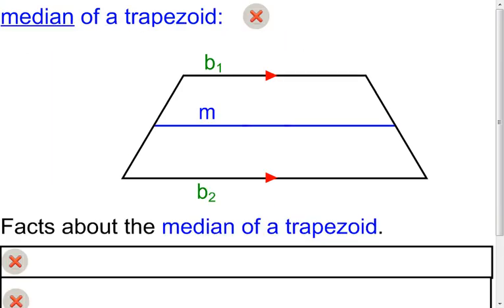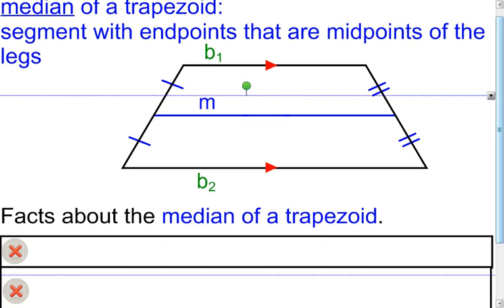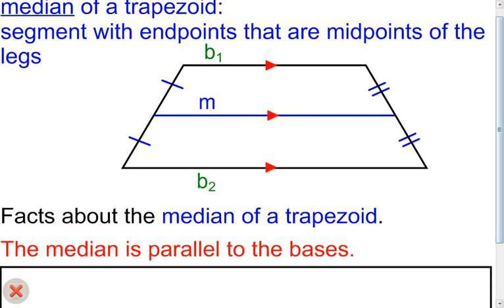My first one, dealing with the median of a trapezoid, I talked about when I was in Sketchpad. There's your definition: it's a segment with endpoints that are midpoints of the legs. Now, there are some facts that we learned in Sketchpad about the median. The first one is that the median is going to be parallel to the two bases.